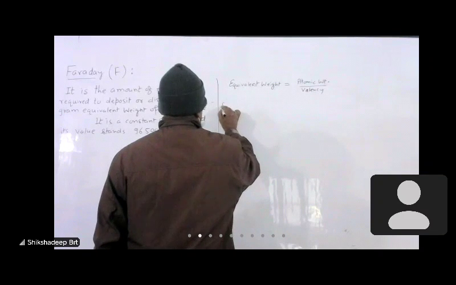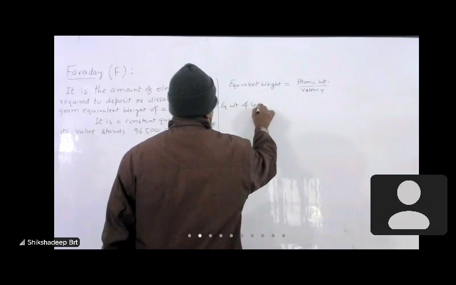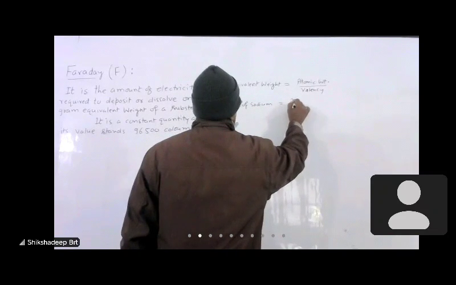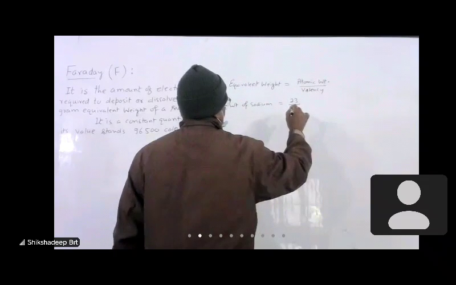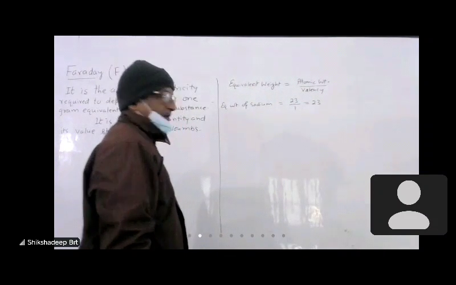For example, the equivalent weight of sodium: its atomic weight is 23, valency 1, so its equivalent weight is also 23.